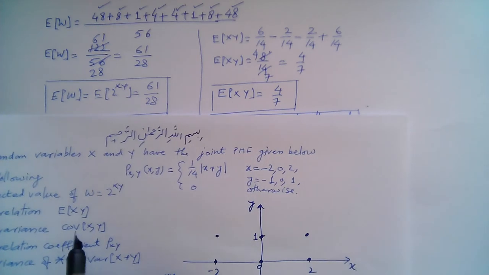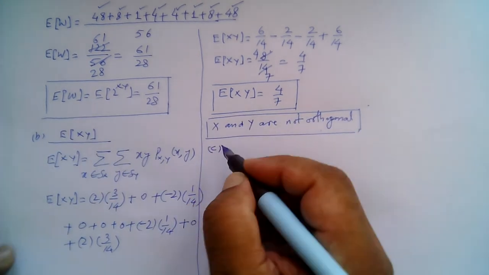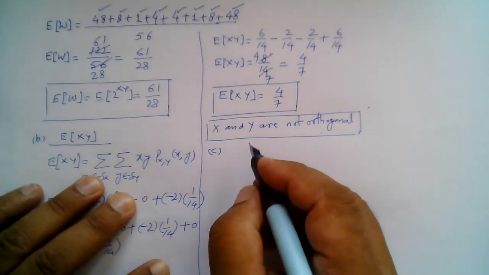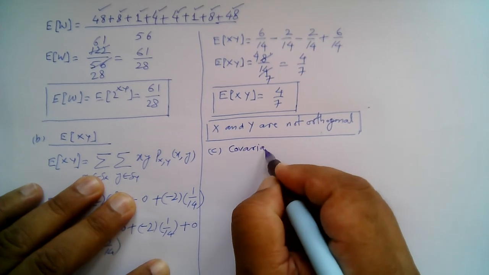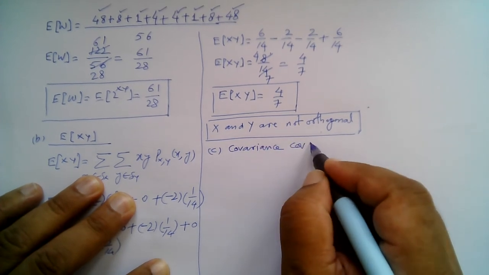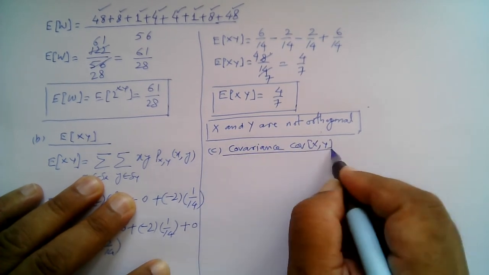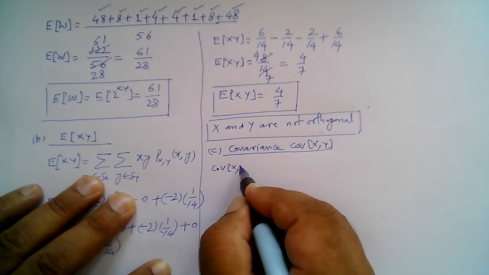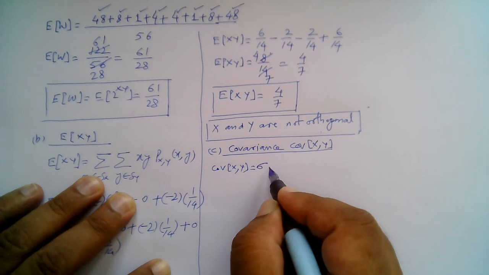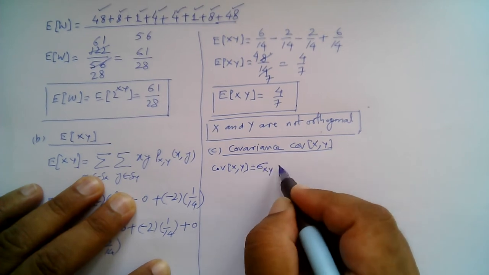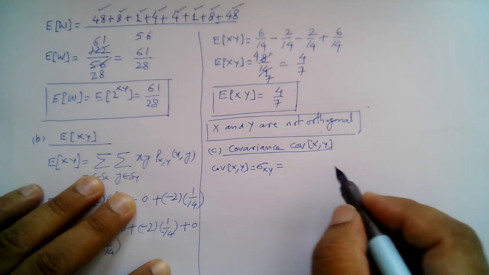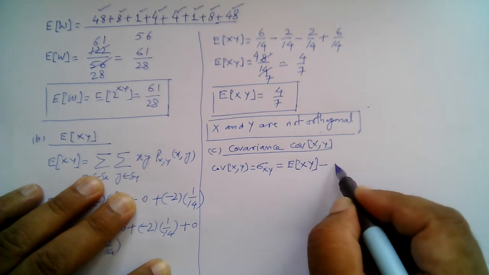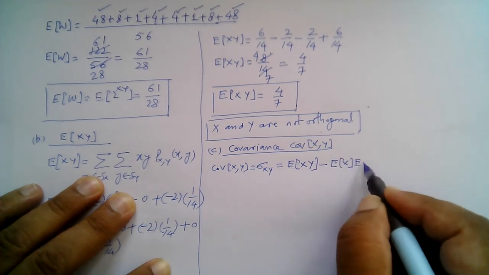So part C is the covariance. We need to find out the covariance of x and y. So the covariance of x comma y is also denoted by sigma xy, and this is given by the expected value of xy minus the expected value of x multiplied by the expected value of y.